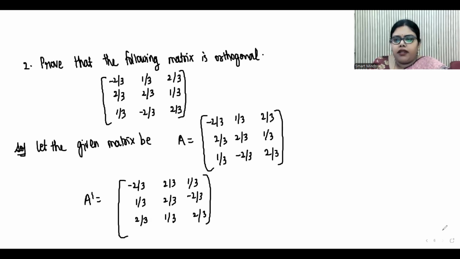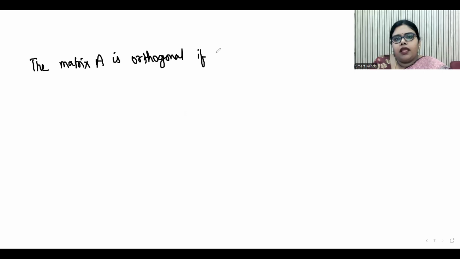Now after finding the transpose, we need to know the condition when a matrix is said to be orthogonal. So the matrix A is orthogonal if A into A transpose is equal to I. So we need to find out A into A transpose first.